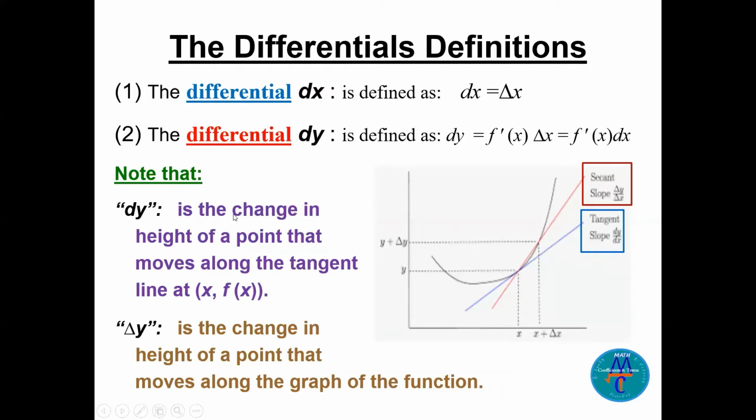Dy is the change in the height of a point that moves along the tangent line. So when you have dy over dx, this will be the slope of the tangent line, this blue one. Delta y is the change of the height of a point that moves along the graph of the function. So this is on the secant. So slope of this secant line will be delta y over delta x.